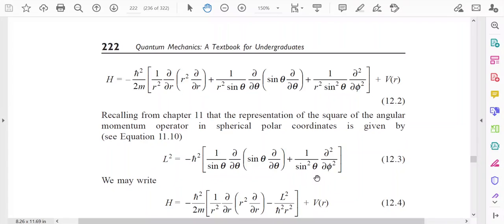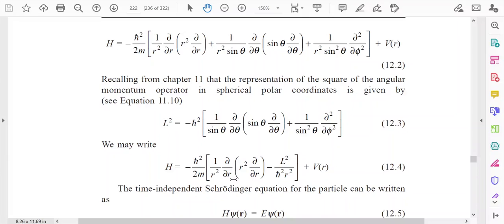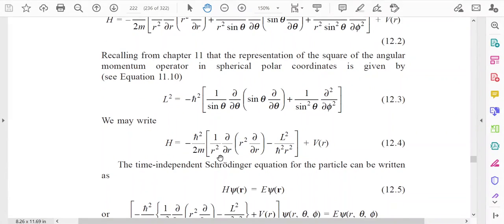If we use this result for L square in the equation for H, we can see that the second and third terms can be expressed in terms of L square. So, the Hamiltonian now becomes minus h cut square by 2m times 1 by r square del by del r of r square del by del r, minus L square by h cut square r square, plus V(r).